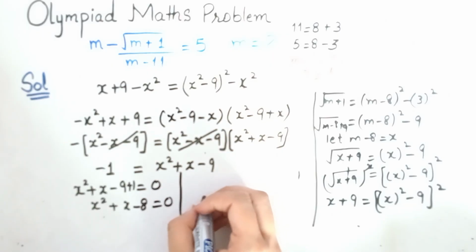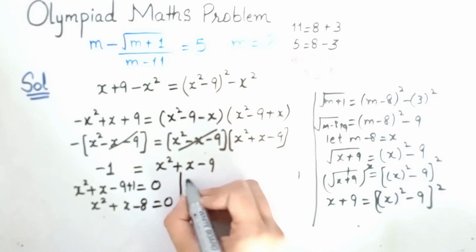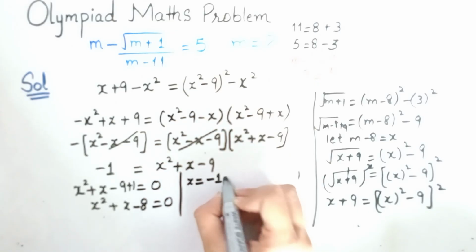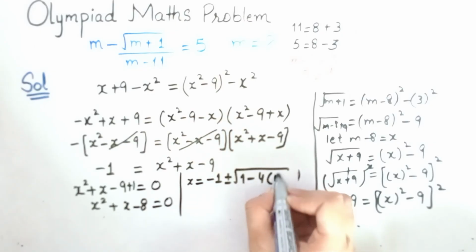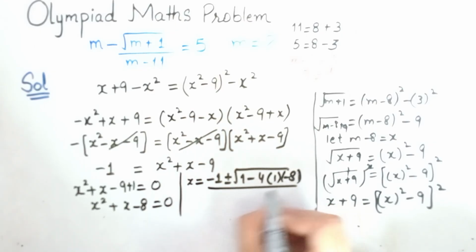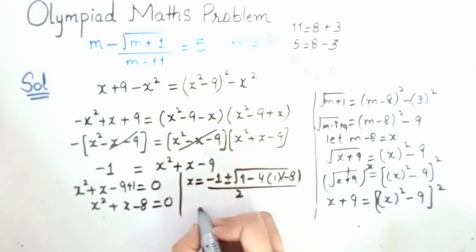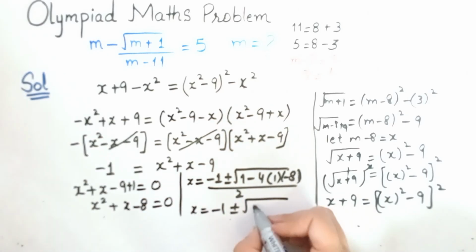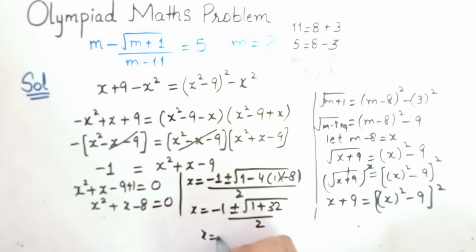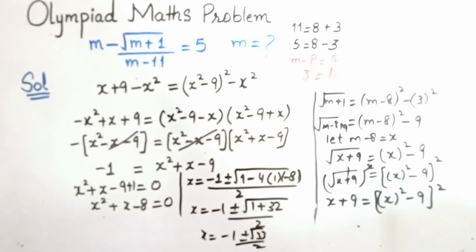This gives us x equals minus b, that is minus 1, plus minus root of (b square, which is 1, minus 4ac), where a is 1 and c is minus 8, divided by 2a. So x equals minus 1 plus minus root of (1 plus 32). So x is minus 1 plus minus root of 33, divided by 2. So this is the value of x we got from this.